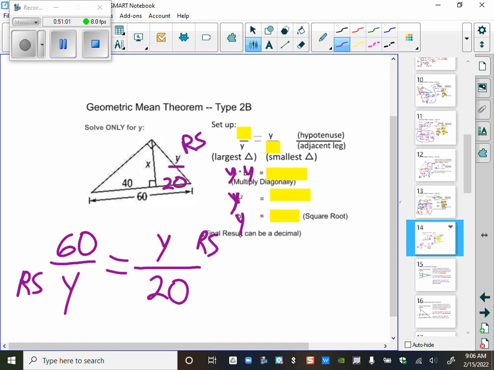So in the end, here's our proportion. You have 60 over y over 20. We have y times y equals, now we're going to multiply 60 times 20. Well, what is 60 times 20? 1200.